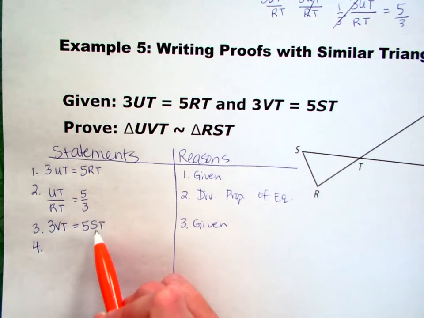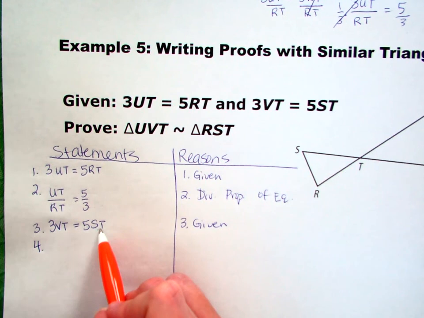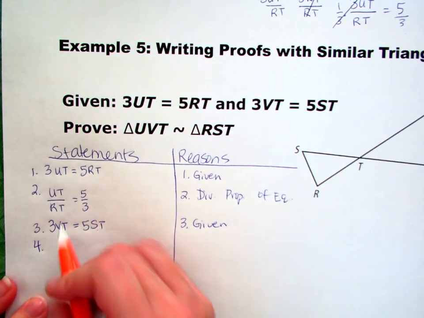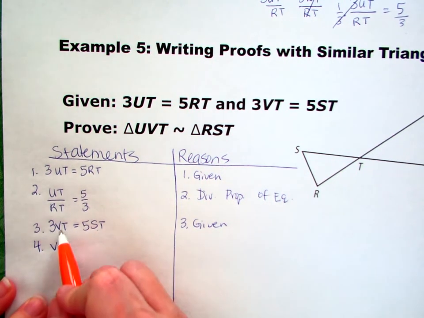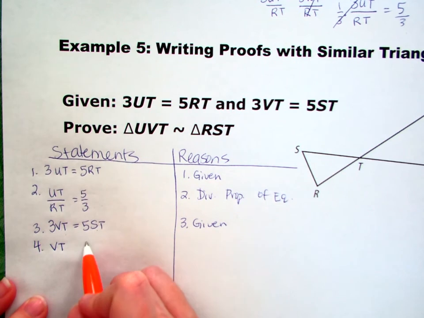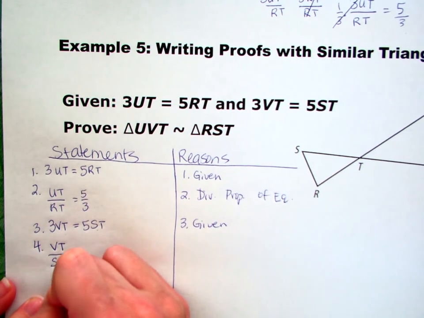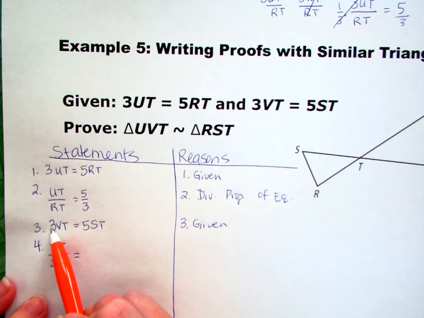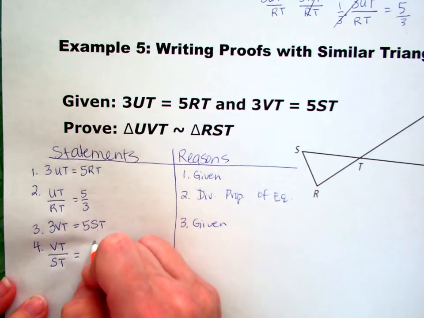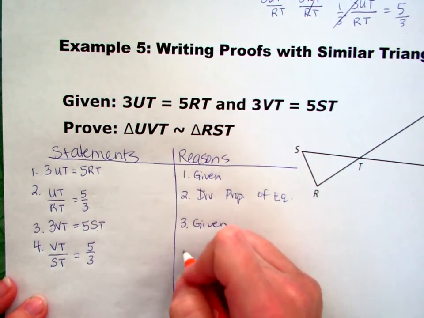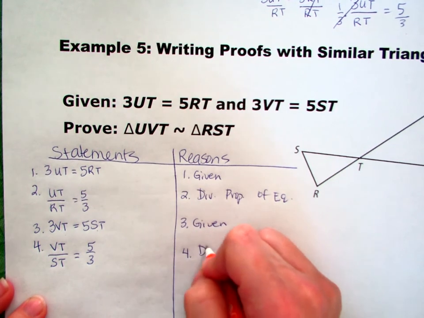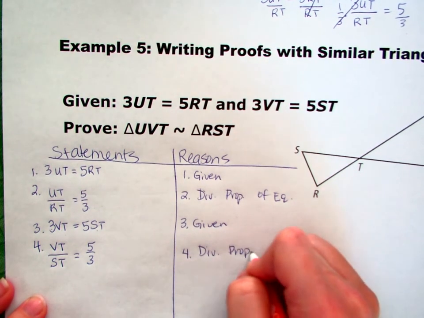I'm going to divide both sides by 3 and divide both sides by ST. When I do that, VT is going to be on the top, and if I divide by ST on this side, they'll cancel, but it's going to leave it on the bottom here. And if I divide by 3 here, it's going to leave me with 5 thirds over here. So number 4 is, again, that division property of equality.